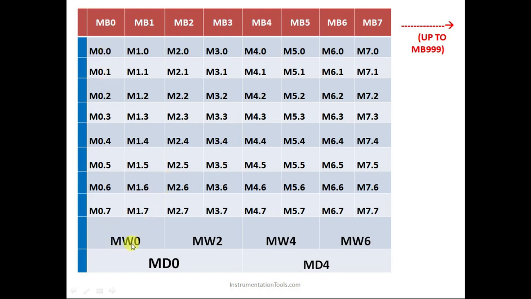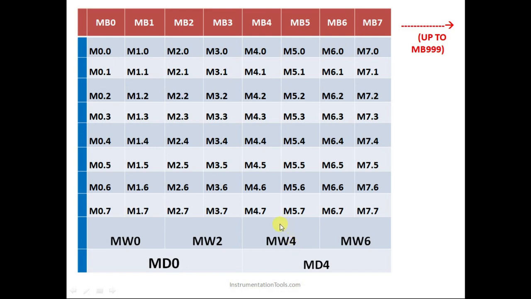So if you write MW1, then this byte will come under the influence of MW0 and also under the influence of MW1. So there will be a chance of overlapping, which is not feasible in memory addressing. That is why it is very important to note that in word addressing we need to address like this: MW0, then MW2, then MW4.